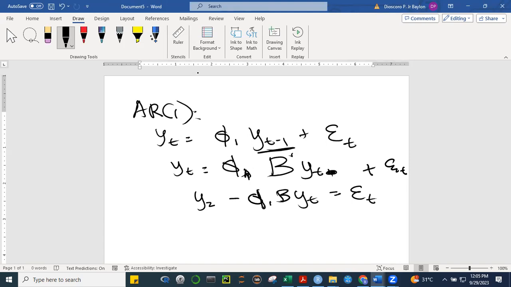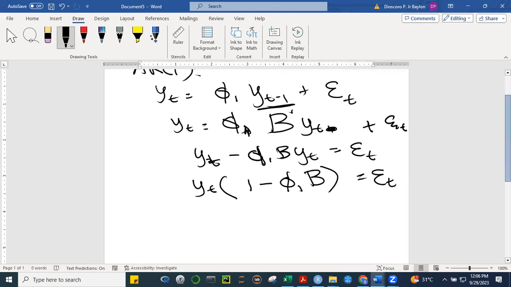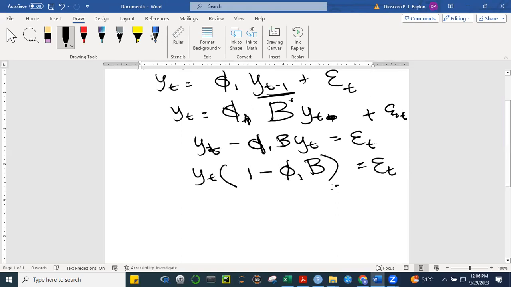And then you can also factor y sub t times 1 minus phi 1 B, okay, is equal to epsilon sub t. So this is another way to write your AR1 process. I'm just giving you a sample.